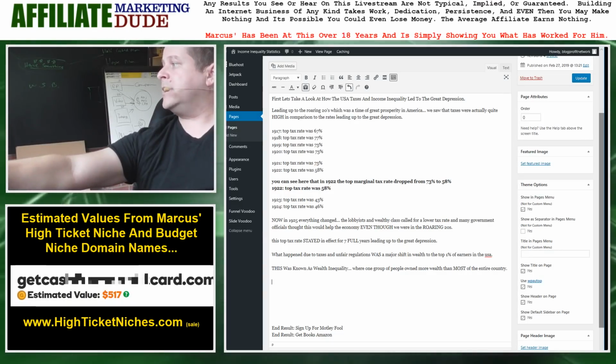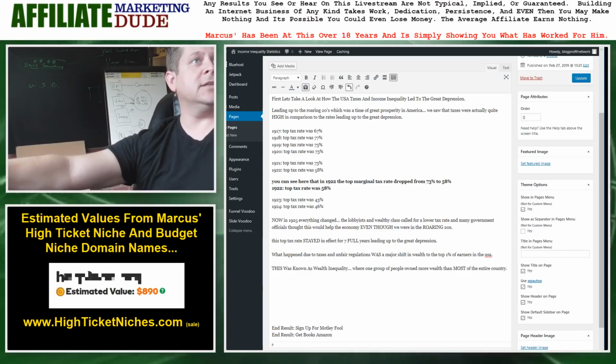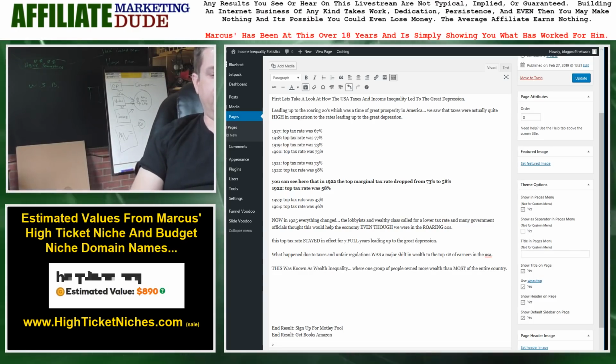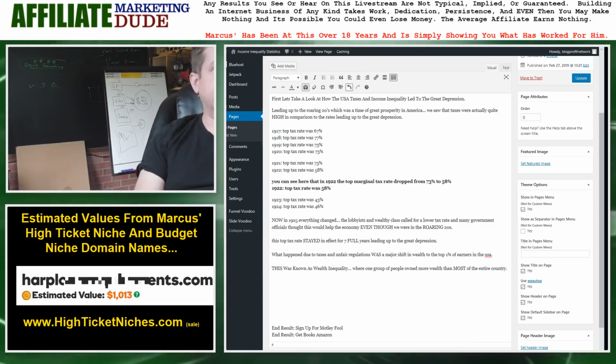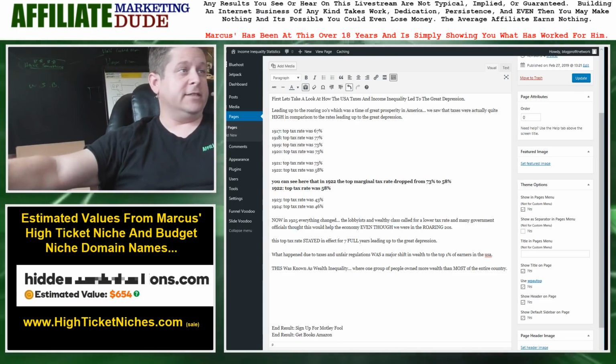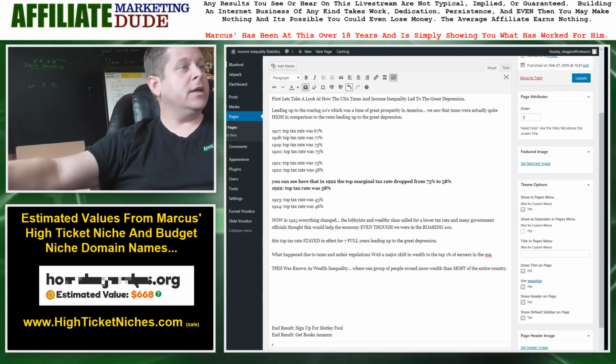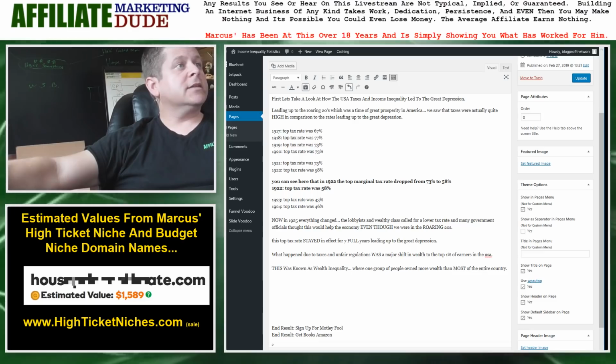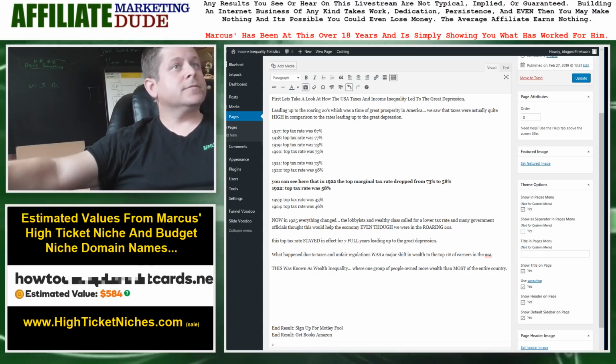Now I'm going to look up some stats here. Let's see, wealth inequality stats 100 years. I'm going to pull this up on the other screen because I don't know if I have the rights to these. I probably don't. We've got to have a 100-year one.